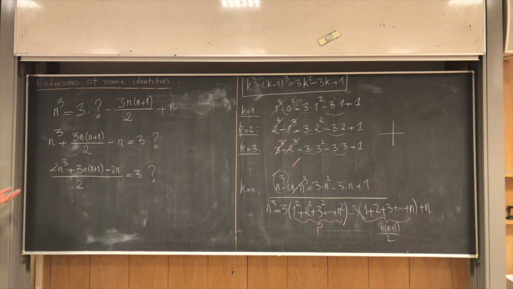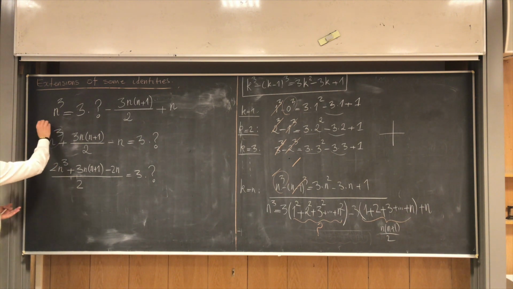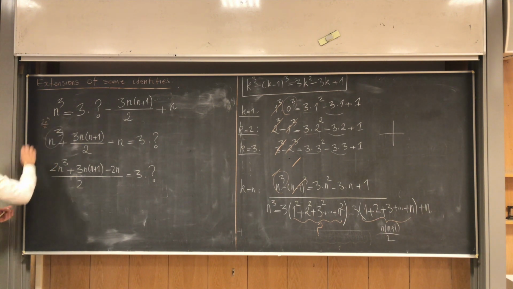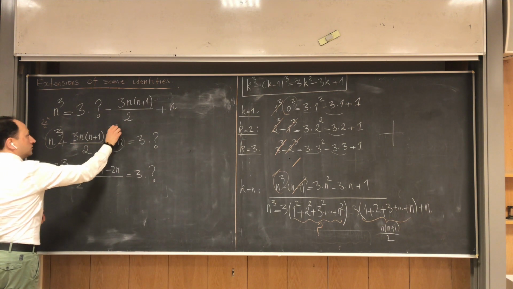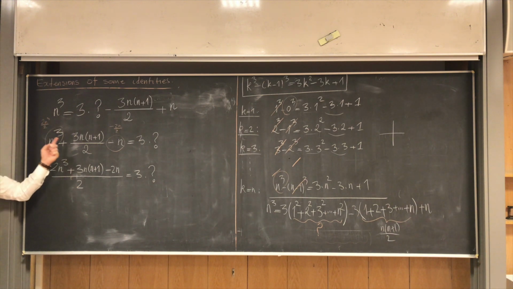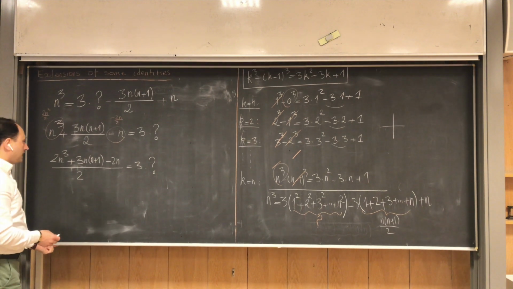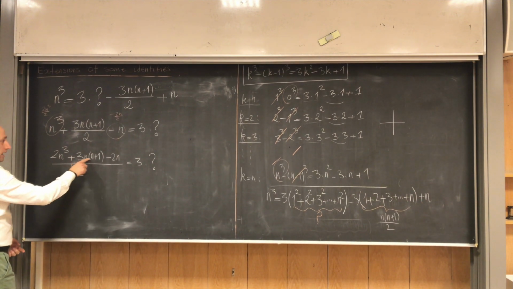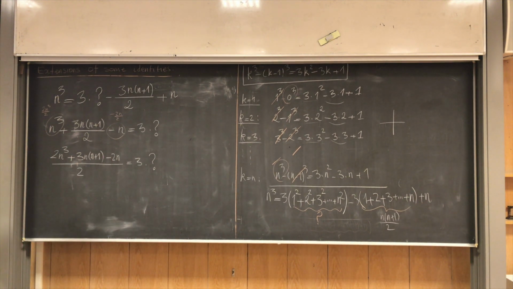Yes, understandable? So instead of n to the 3, you can write 2n to the 3 divided by 2. Instead of minus n, you can write minus 2n divided by 2. So 2, 2, and 2 are the common denominators, so I need to add this one with that one with that one. Yes? But then let us see what happens. Here n and n are in common, so I can take n out.